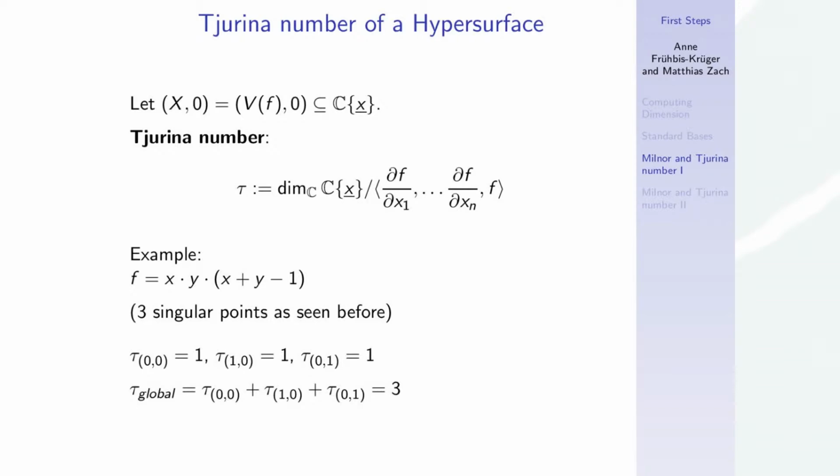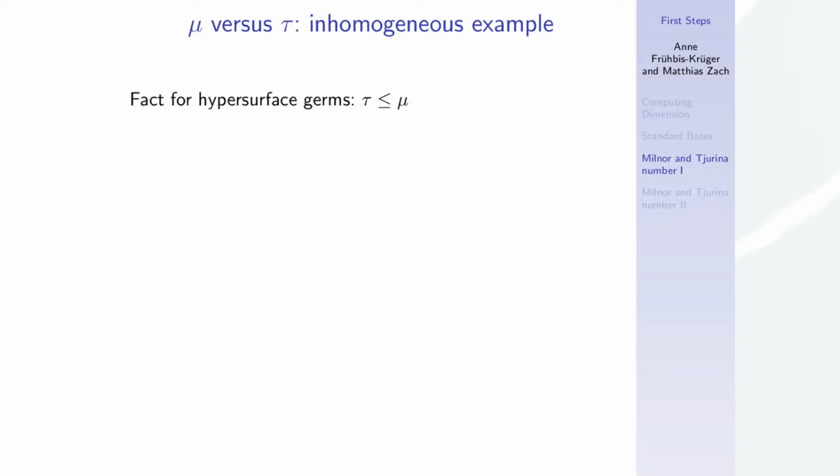So in the example we had here, the effect of taking an extra generator to our ideal was that we precisely only got those contributions that are on our germ V of F, that is on the representative, because we were not computing in the local ring here, we were computing in the polynomial ring and getting all 3 contributions. In general, as we are modding out one generator more for the Tjurina number than for the Milnor number, of course, the Tjurina number can never exceed the Milnor number.